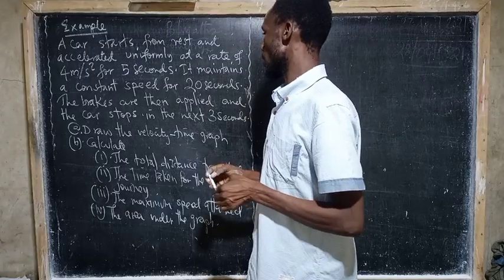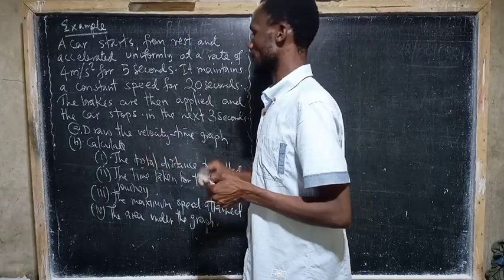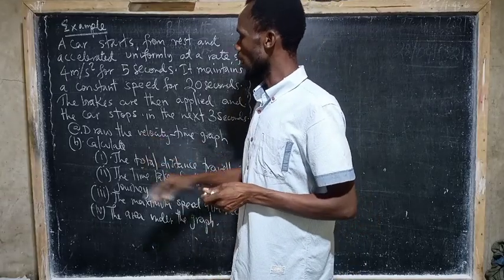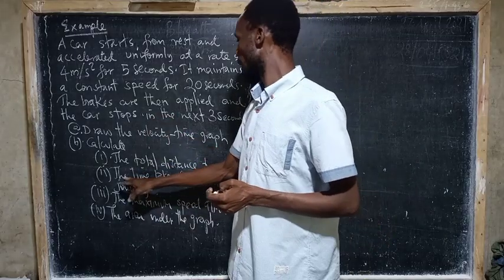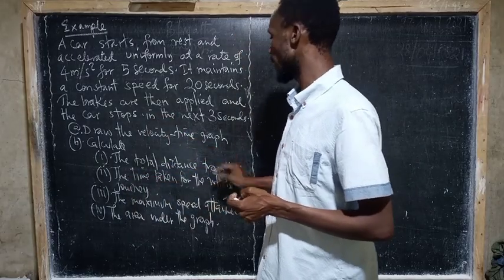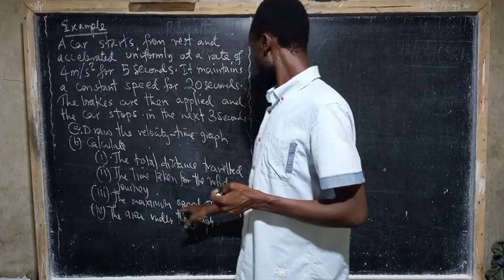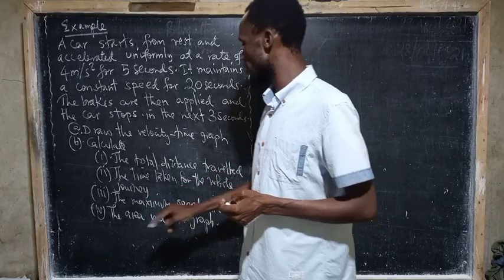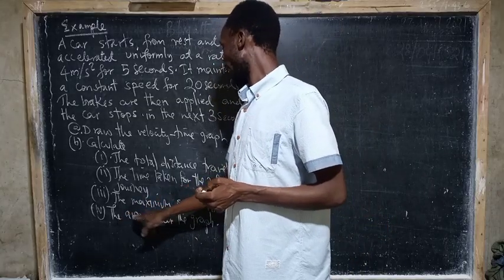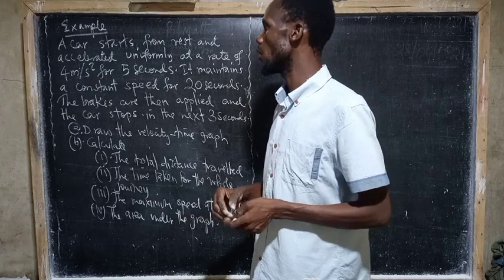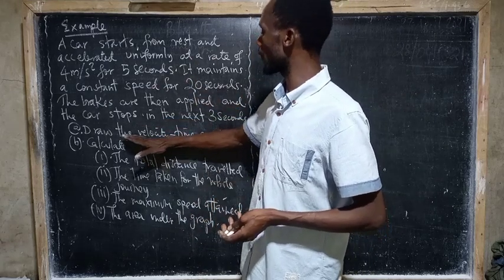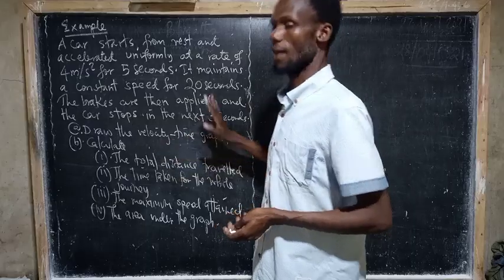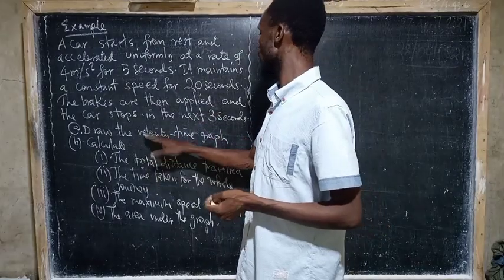The question is: (a) draw the velocity time graph; (b) calculate the total distance traveled, the time taken for the whole journey, the maximum speed attained by the car, and the area under the graph. So the first question is to draw the graph of the velocity time.